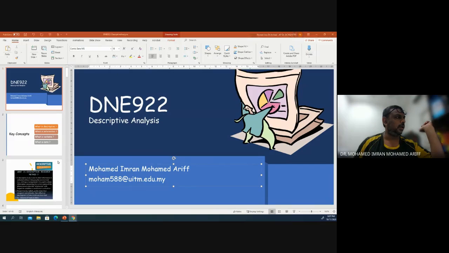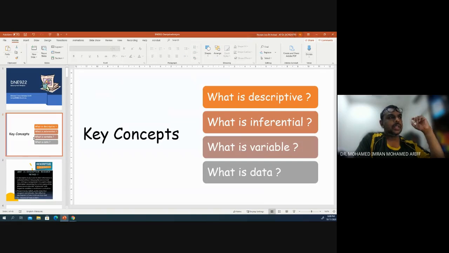Okay, all right. So next, in descriptive analysis, we need to understand a few terms or key concepts. One is we need to highlight what is descriptive itself. Okay, and from descriptive, we will move on to inferential. Okay, what is inferential?